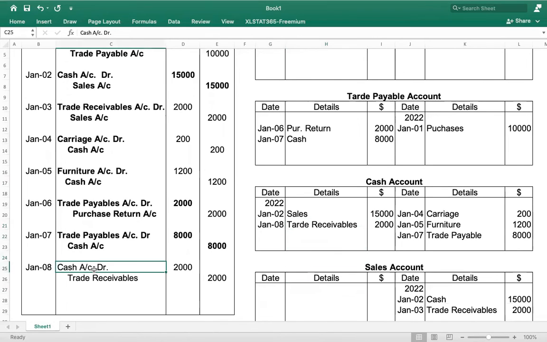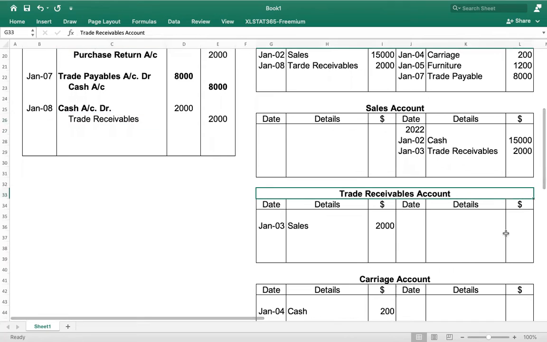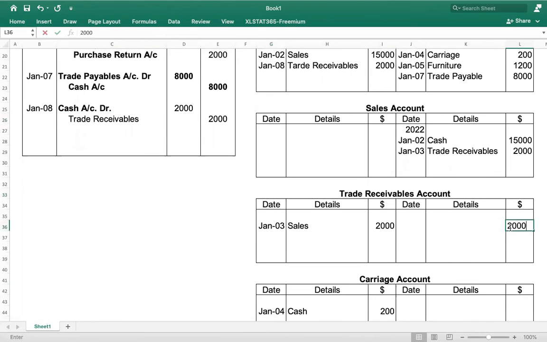Now in trade receivable I have to write which side? Credit. So credit side I will write 2,000. Jan 8th, and name of the other account is cash. Done?